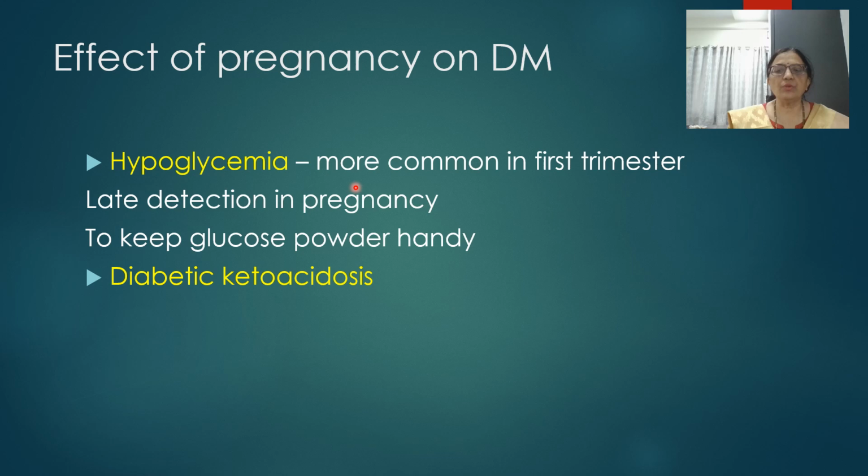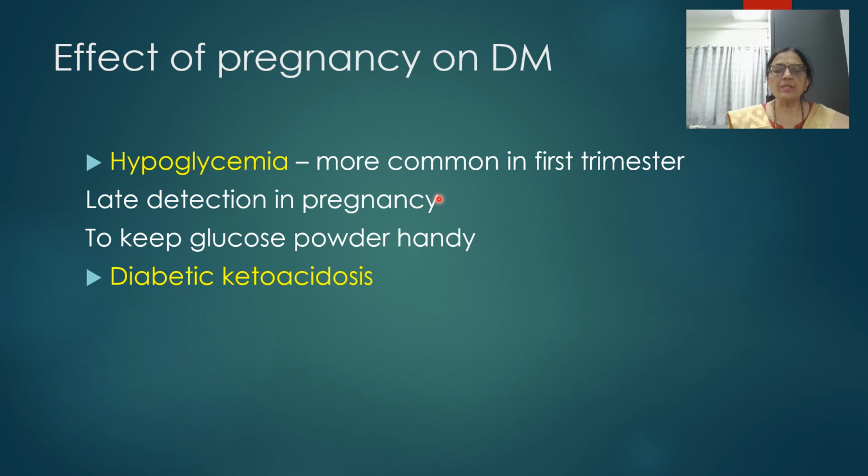So one has to counsel and educate the woman about the possibility of hypoglycemia in pregnancy. Especially early morning hypoglycemia is common, as we have already seen. Fasting blood sugar is always lower in the pregnant woman as compared to non-pregnant.